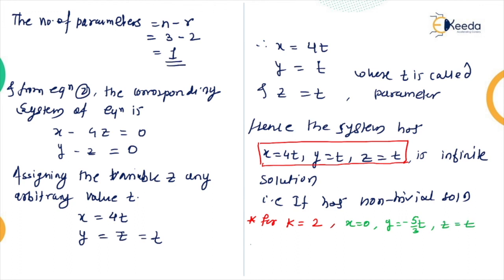And second, for k equal to minus 2, x takes 4t, y takes t, and z takes t. So this is a solution.